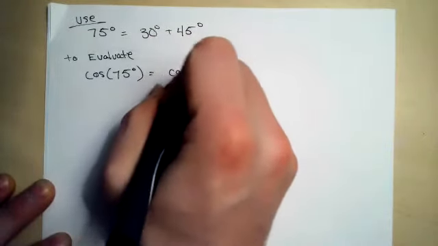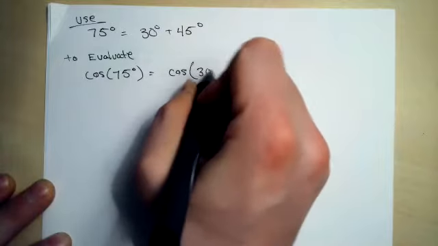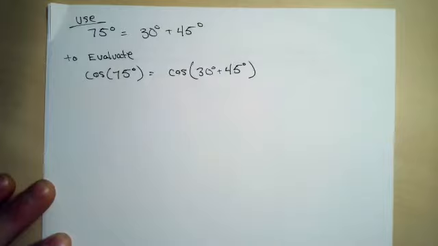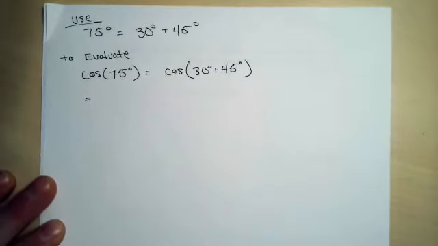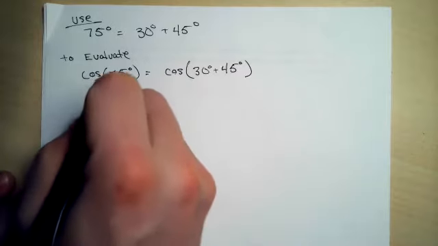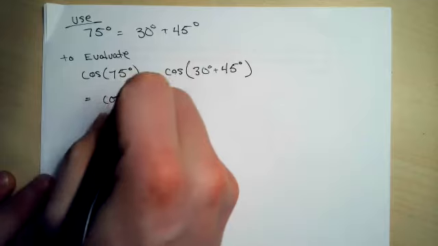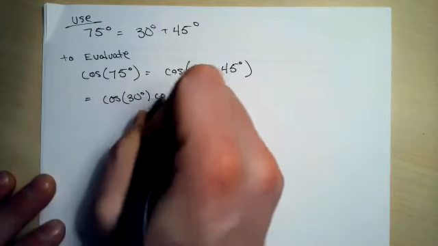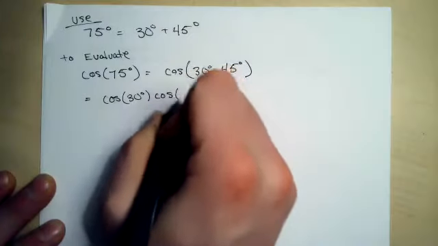So again, we just write the angle sum in the argument. Once I have a sum, we can break that down in terms of our sum and difference identities. So pull up the cosine formula. The first part of the cosine formula says cosine cosine, so cosine of 30 times cosine of 45.